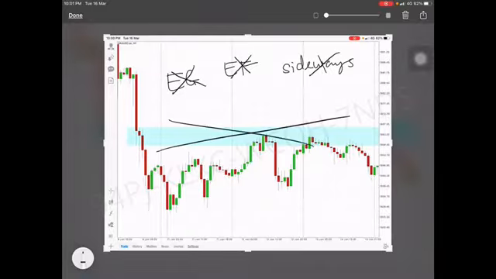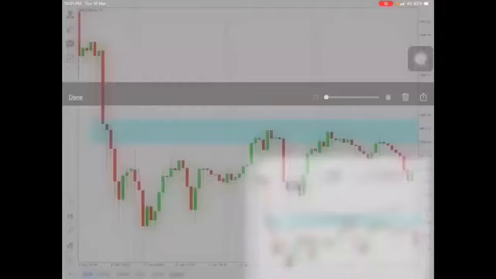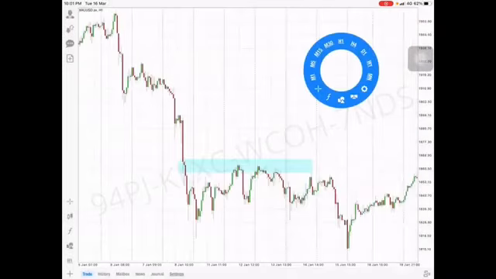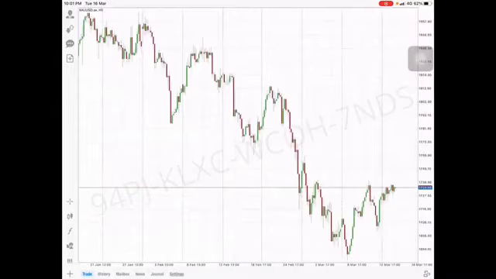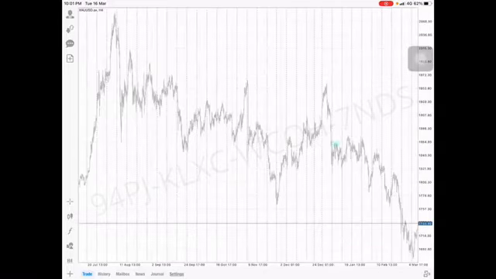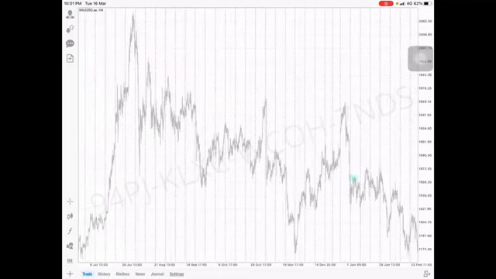Because if you look at it, you can use this when it gives you another setup, which is when it gives you engulfing sell right there.